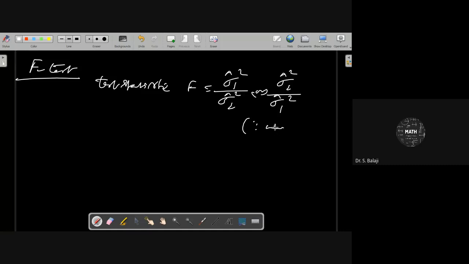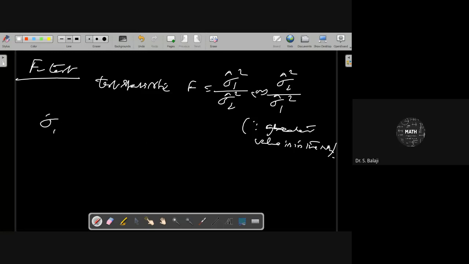The greater value is in the numerator. In that manner, you have to assume that. But if it is directly given, no problem here.